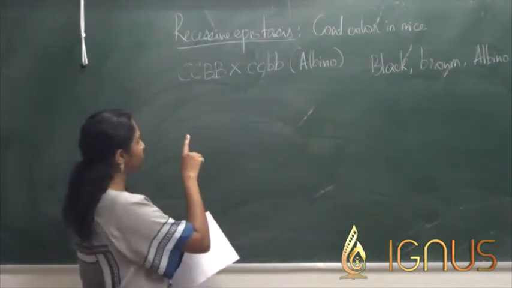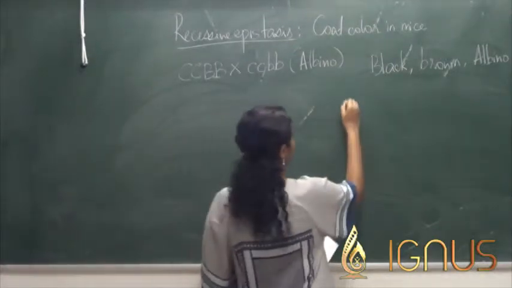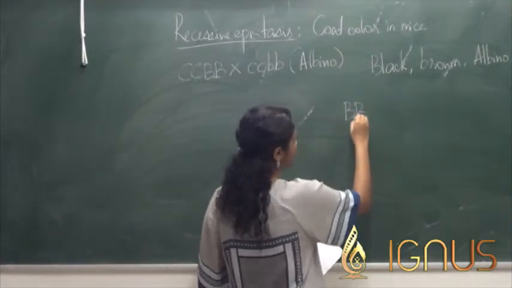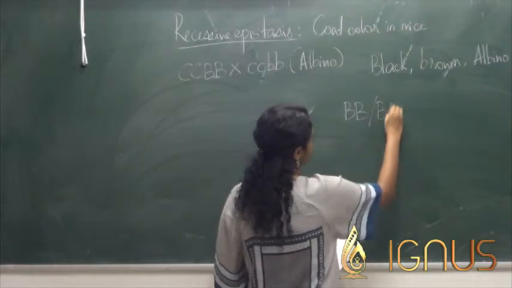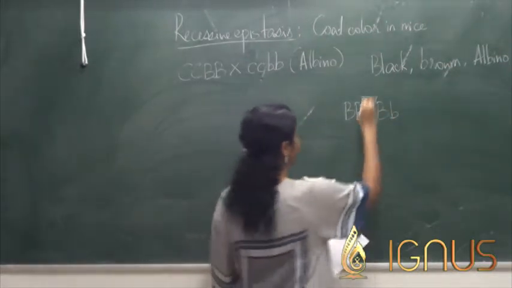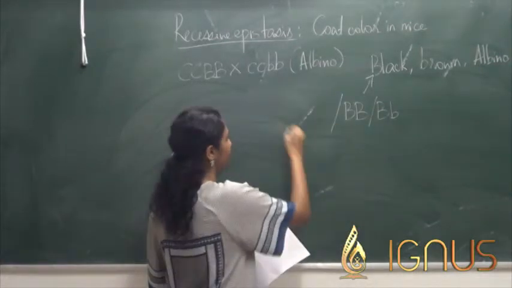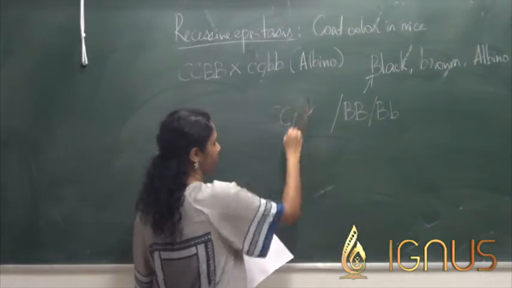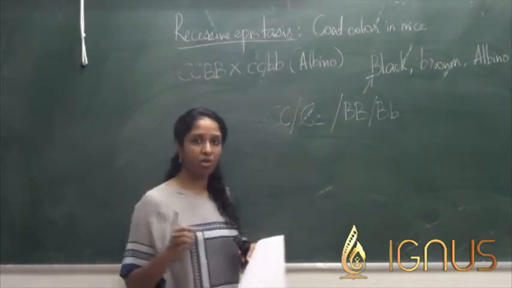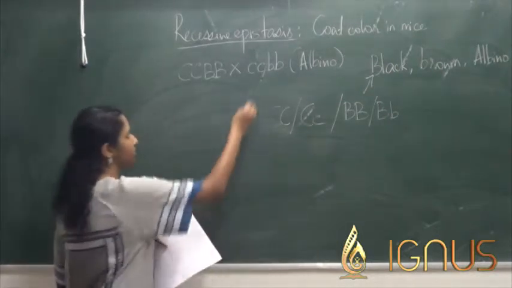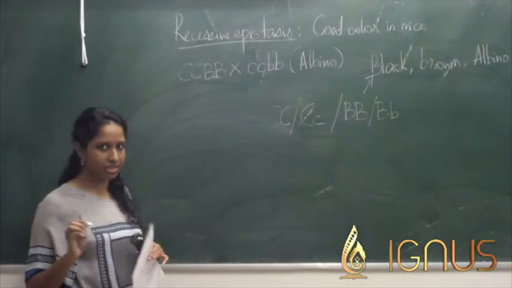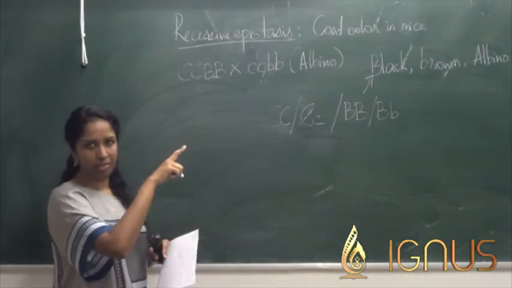So if gene B is homozygous dominant or heterozygous dominant, the coat color is going to go to black. Of course, gene C will have to be homozygous dominant or heterozygous dominant also, because we know that if it is homozygous recessive, it's going to become albino.